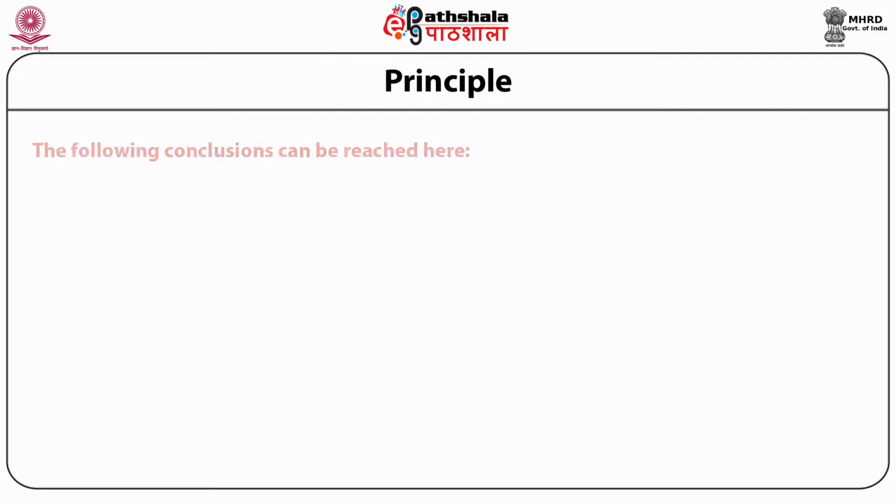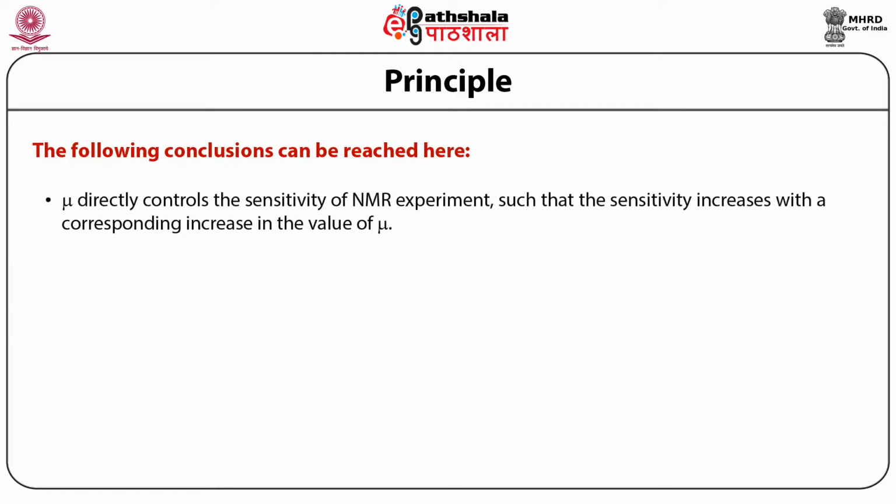Now one can reach the following conclusions. The magnetic moment, that is mu, directly controls the sensitivity of the NMR experiment, such that the sensitivity increases with a corresponding increase in the value of mu.